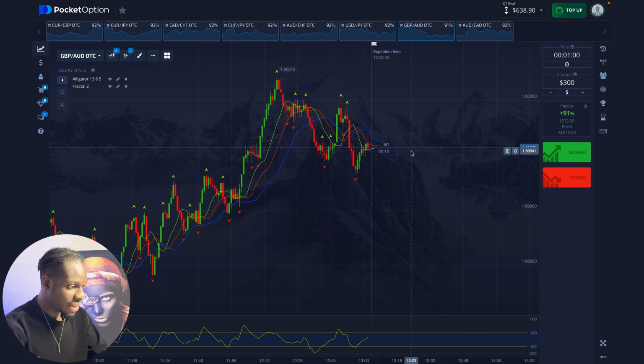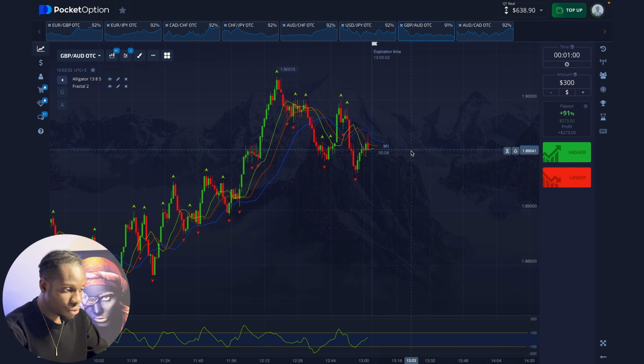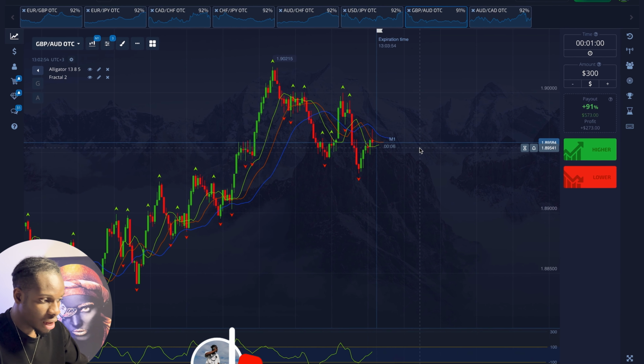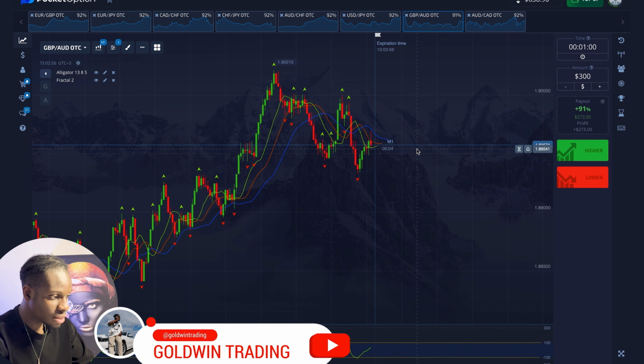Let's get started guys. So like usual, I've already analyzed all the currency pairs that we're going to be using today for the most optimal movement patterns. And as you can see, all the currency pairs that I selected have the OTC status. And we also have some stock quotes included in our chart.